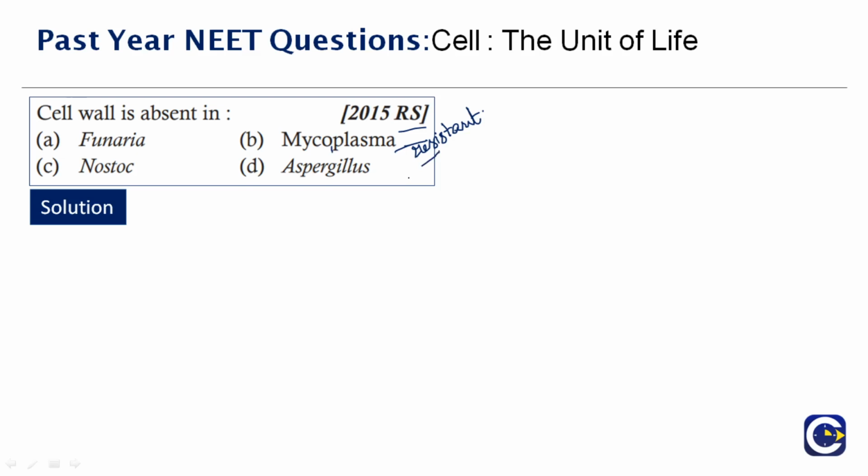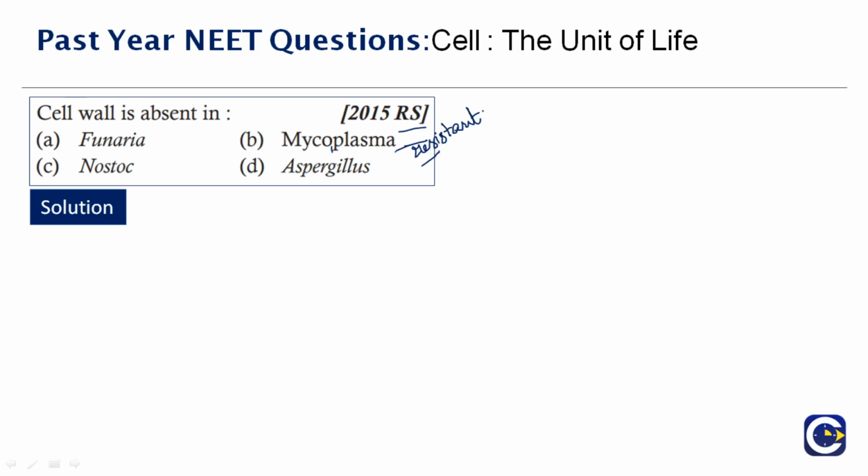I'll tell you why. When we use antibiotics for any kind of disorder that happens in your body, antibiotics are designed in a way that they go and attack the cell wall of the microorganism, thereby killing it. Now, these mycoplasma are sometimes parasitic, that is, they might become pathogenic when they cause diseases in humans and animals.